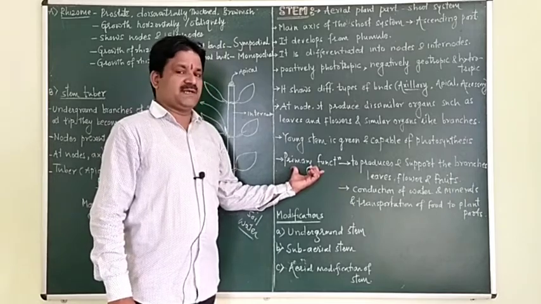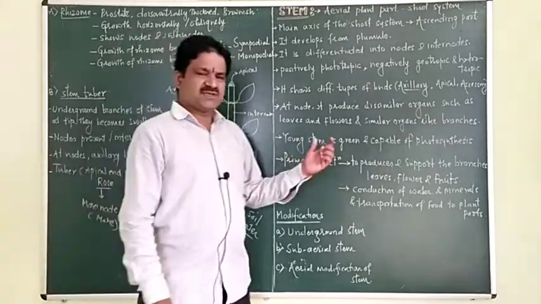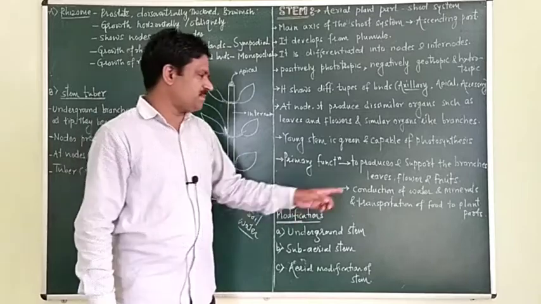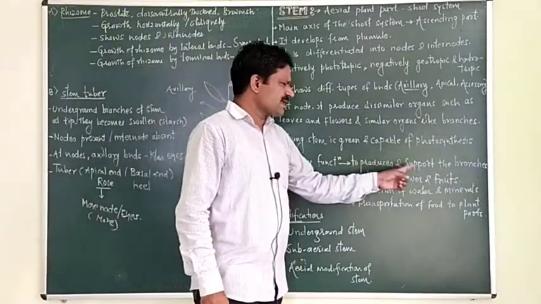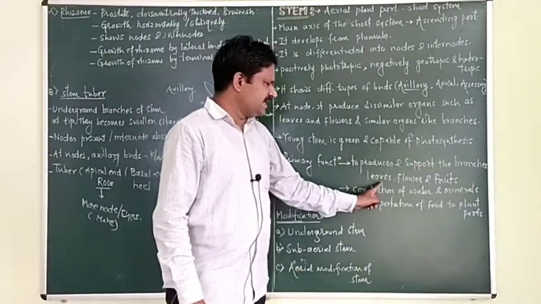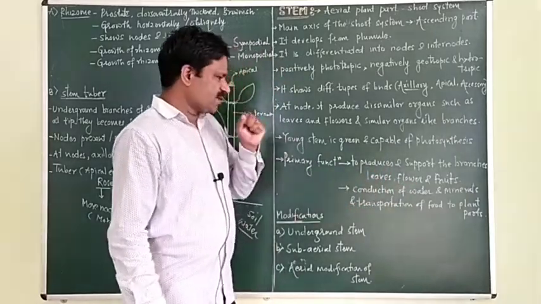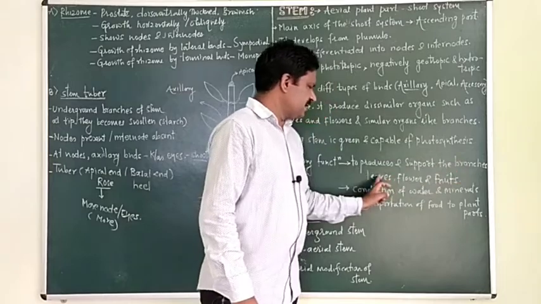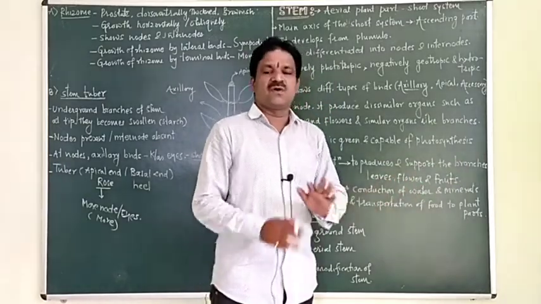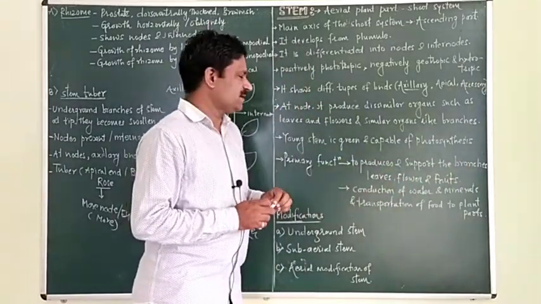The primary function of the stem is that it produces and supports the branches, leaves, flowers and fruits. All these structures arise from the stem.